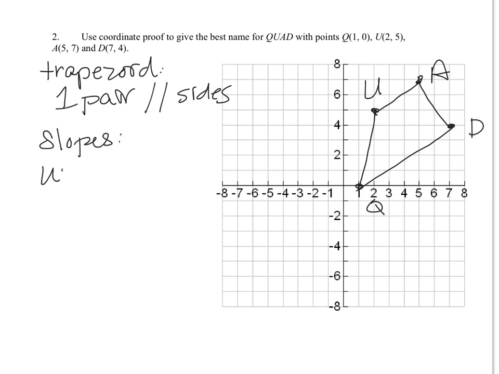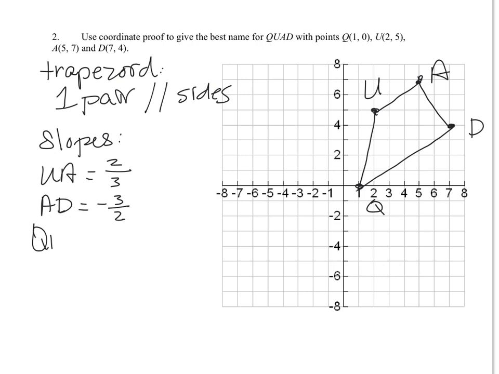So the slope from U to A goes up 2 over 3, so it's 2/3. The slope from A to D goes down 3 and over 2.